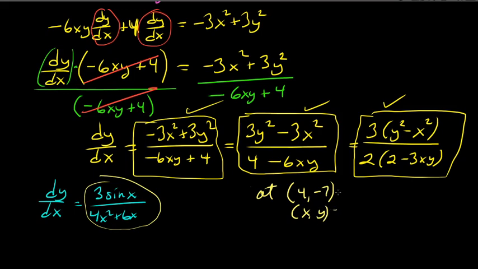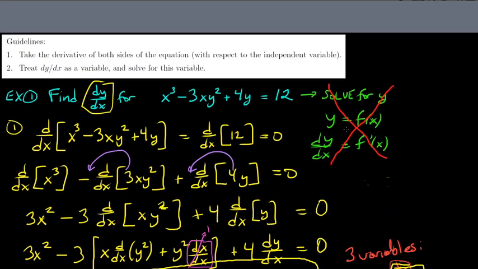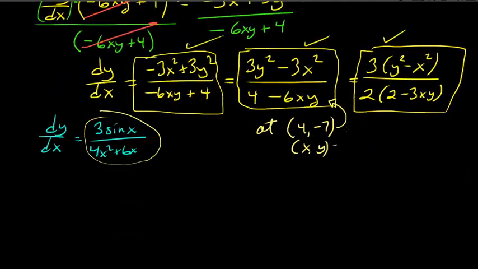And when you plug those numbers in, you just get a number, the slope of the tangent line. Or the instantaneous rate of change, right? It could be the velocity or something. So I hope that helps. And I'll do another example. And I'll actually do an easier one just to show you the idea of this.